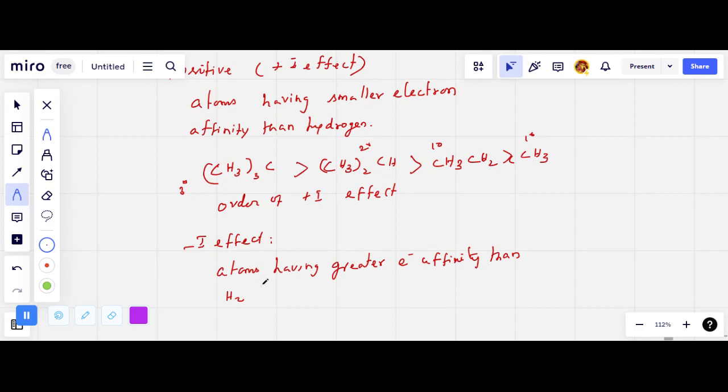Minus I effect means it is an electron withdrawing group.